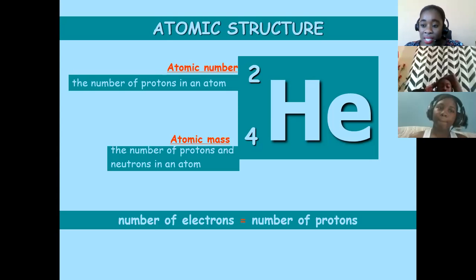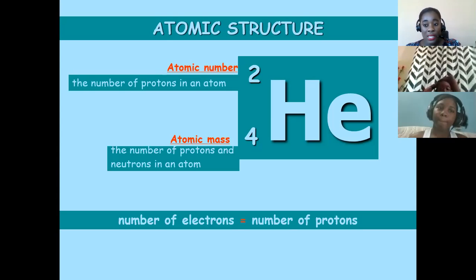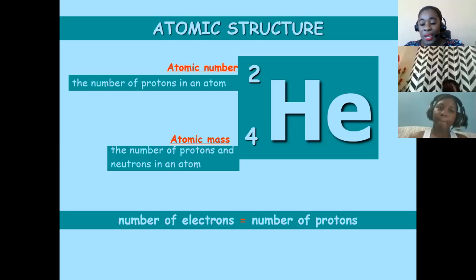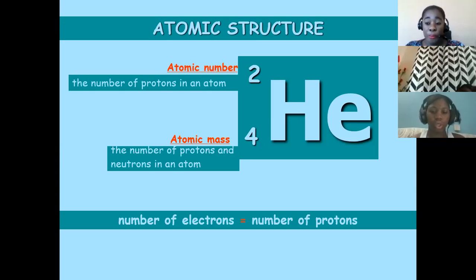Number of electrons is equal to the number of protons. An atom will have the same number of protons as electrons because an atom is neutral. So the atom must have same positive as well as negative. So write that off, that the number of electrons is equal to the number of protons.